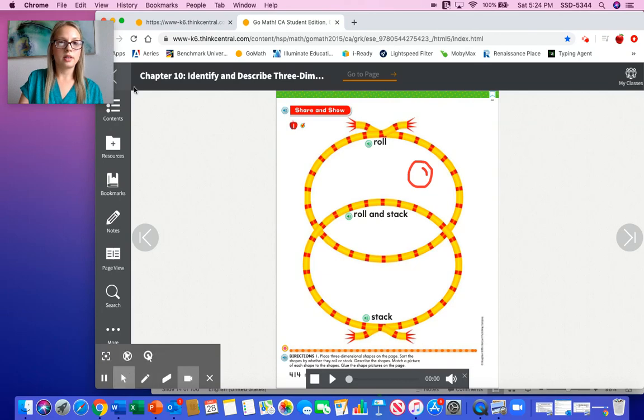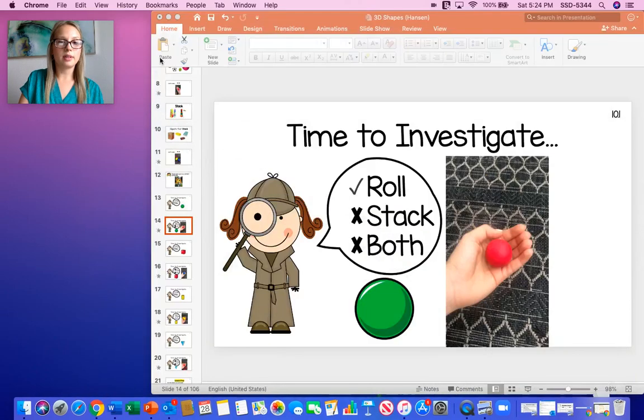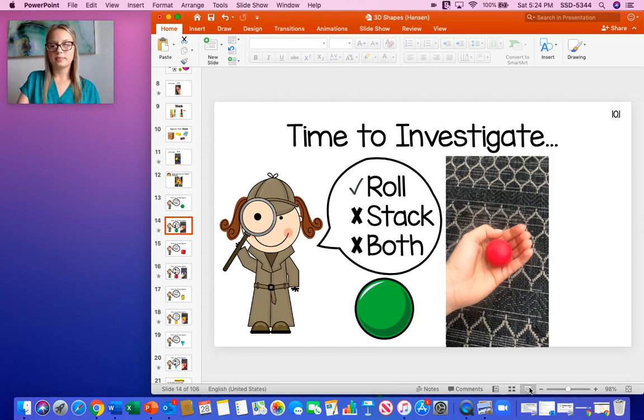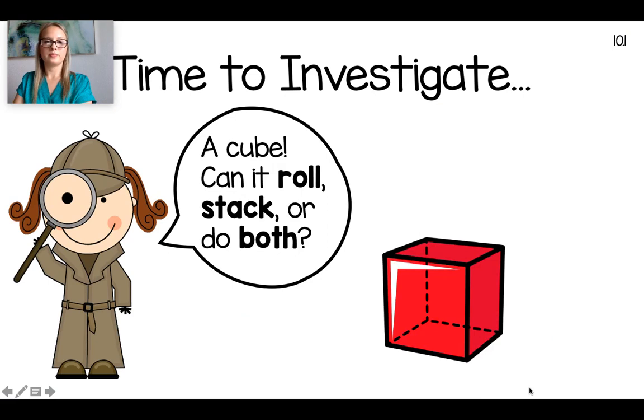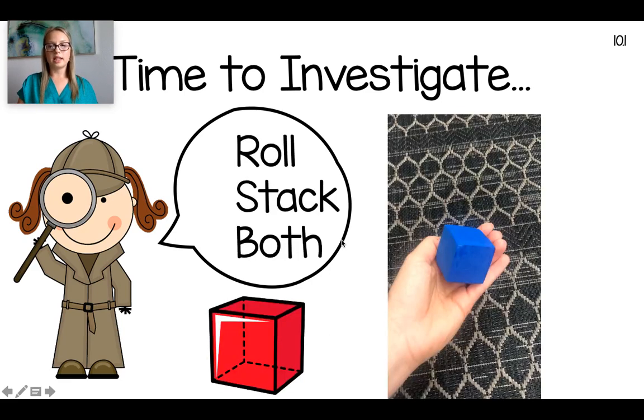Great. Okay, the next shape that we are going to investigate is a cube. This is it over here. Kind of looks like a box. Can it roll, stack, or do both? Let's see. We're going to see if it can roll.